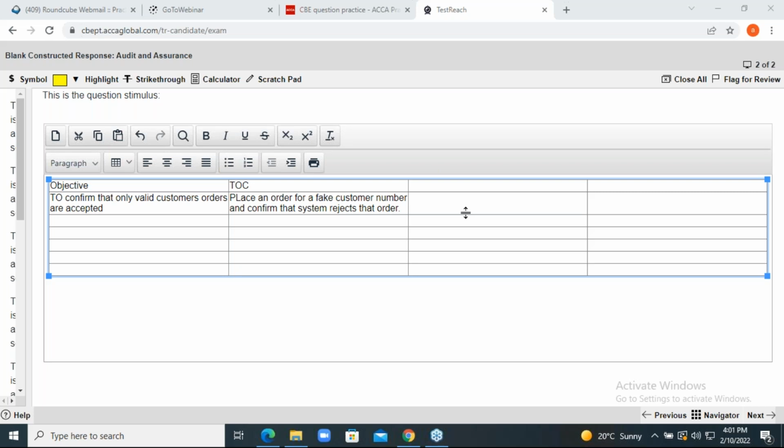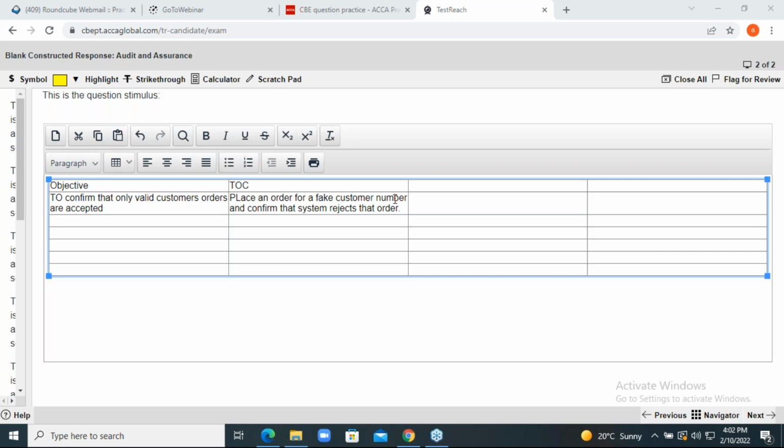Okay, so let's resume from where we just now placed an order for a fake customer number and confirmed that the system rejects that order. As the bank service system or call center asks us different questions like what is your father's name, what is your address written in the system, or kindly tell us the last transaction you performed, the reason for this check is to confirm whether you are a valid customer or not.